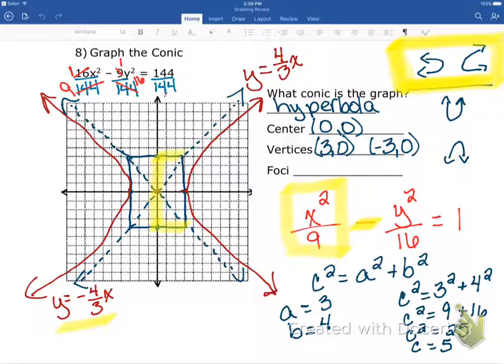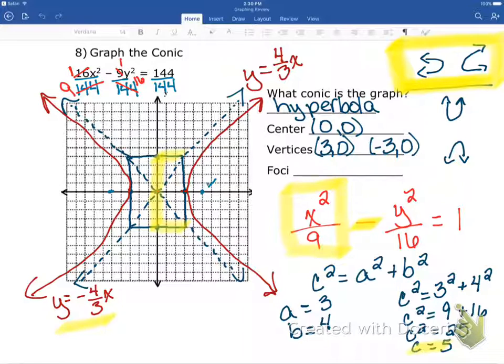Now our last point that we need to plot is for our foci. And because our c value is 5, we are going to go 5 spaces to the right of our center and 5 spaces to the left of our center.